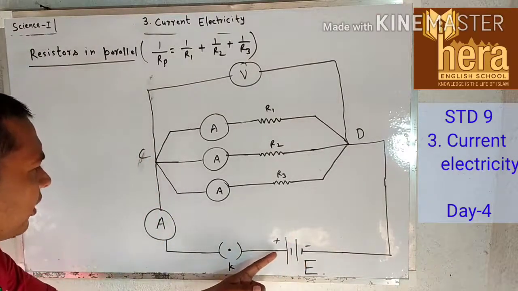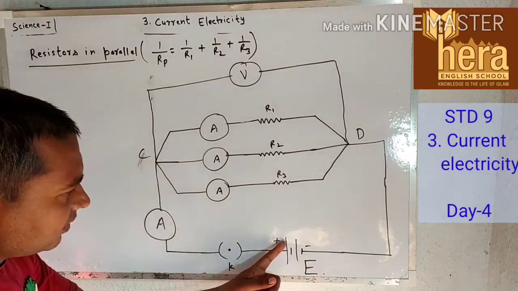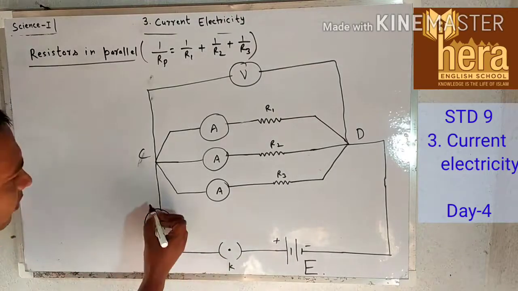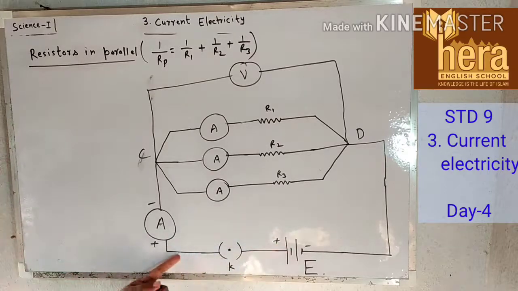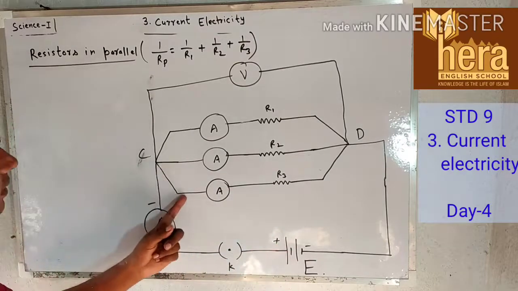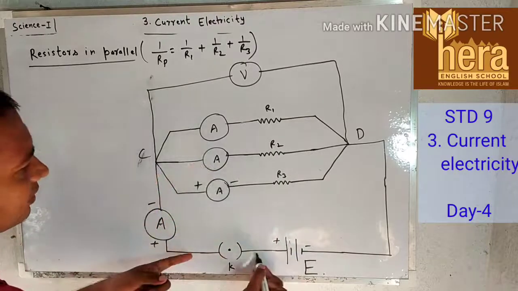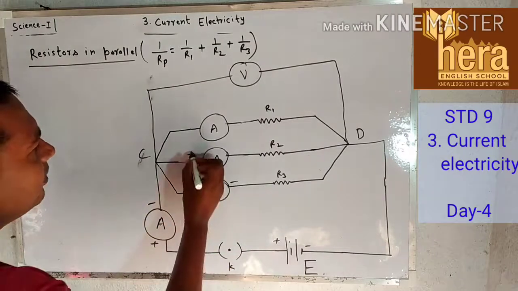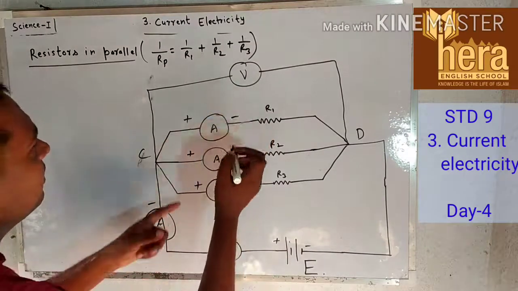Now give the polarity of the ammeters and voltmeter. This will be positive and the opposite side will be negative. This is positive. Again this side positive, the other side will be negative. Again this terminal is connected to the positive terminal, so this side will be positive, this side will be negative. And similarly positive, negative.